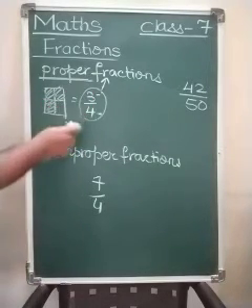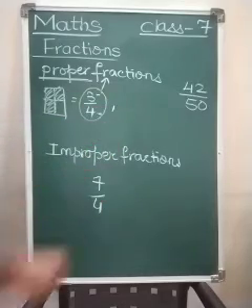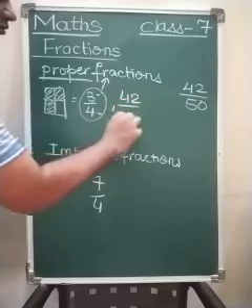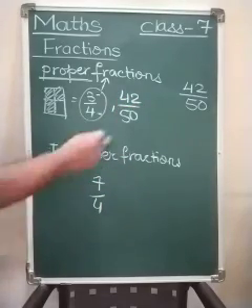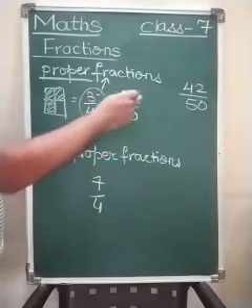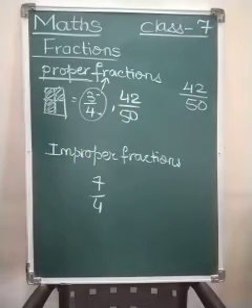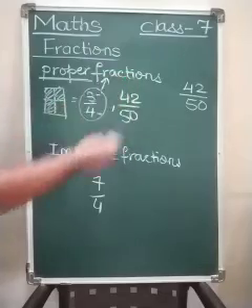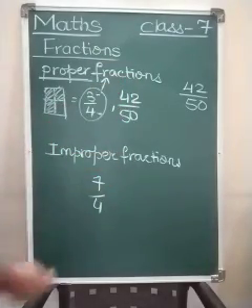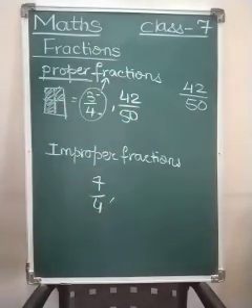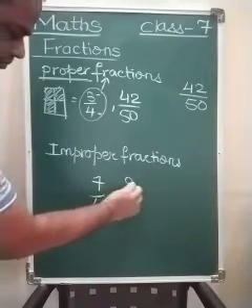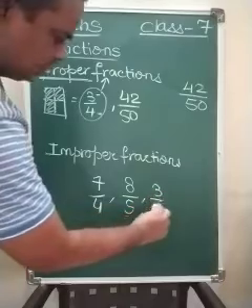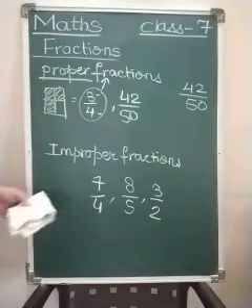So 3 upon 4 is a proper fraction. Then another example, 42 upon 50. Out of 50 marks you got 42 marks. Now it is clear, out of 50, is it possible for you to get 52 marks? Sorry, it is not possible. So again, this is a proper fraction. 7 upon 4 is an improper fraction. Say 8 upon 5 is an improper fraction. Then 3 upon 2, these are examples of improper fractions.